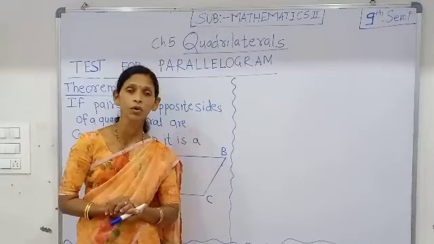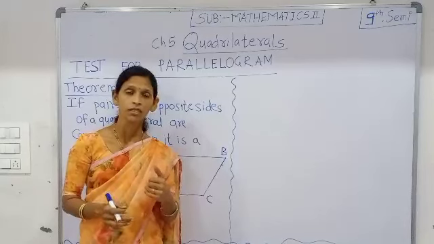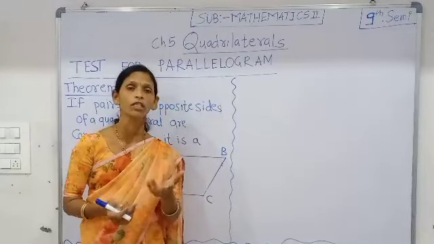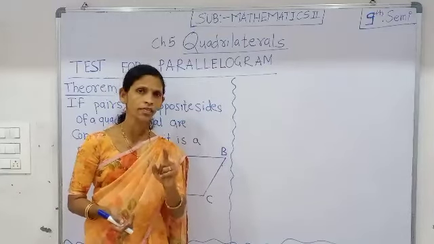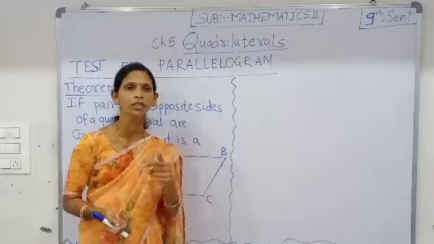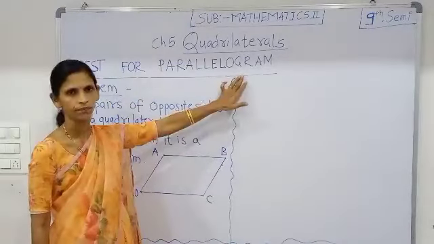All of you studied the properties of parallelogram, and here we have to prove the converse of the properties of parallelogram, which is given in the form of tests for parallelogram.